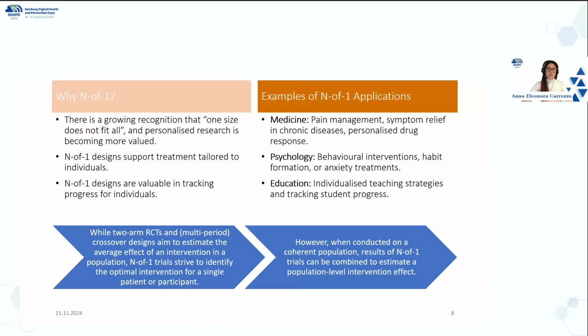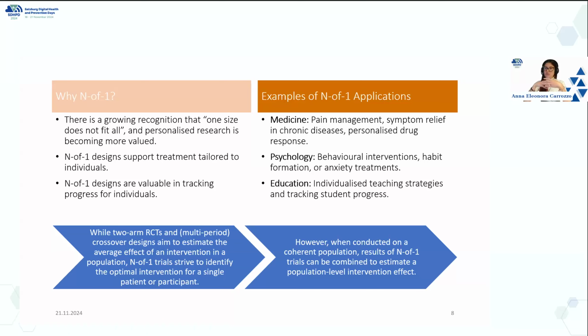But it is worth noting that while a parallel RCT and the crossover designs, including the multi-period crossover designs, aim to estimate the average effect of an intervention in the population, the N-of-1 study design strives to identify the optimal intervention for a single patient or participant.